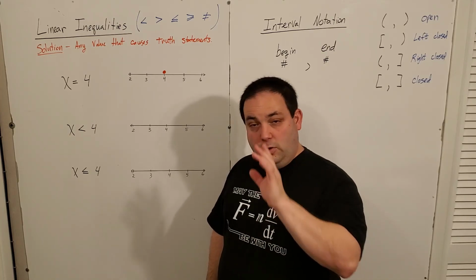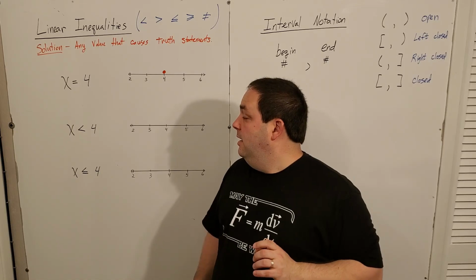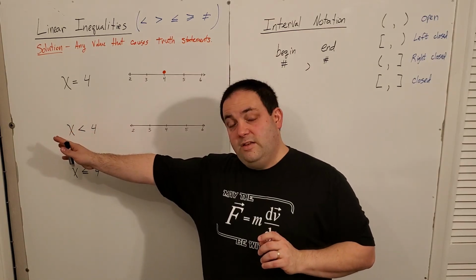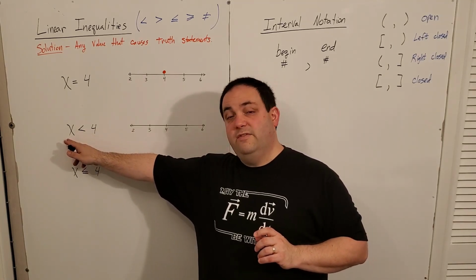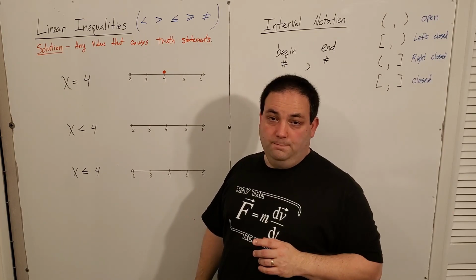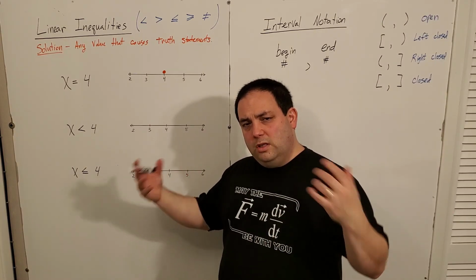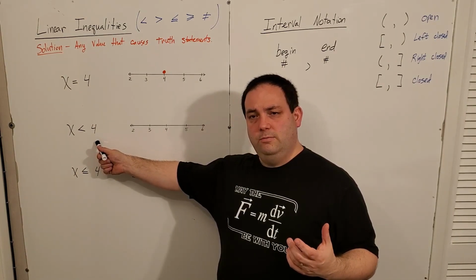Okay? Now, don't get the word less confused with size. The entire list of negative numbers are less than 4. So negative 2 is less than 4, negative 10 is less than 4. That's all true because they're all to the left of 4. So I've got this whole list of values that come along with this statement here.